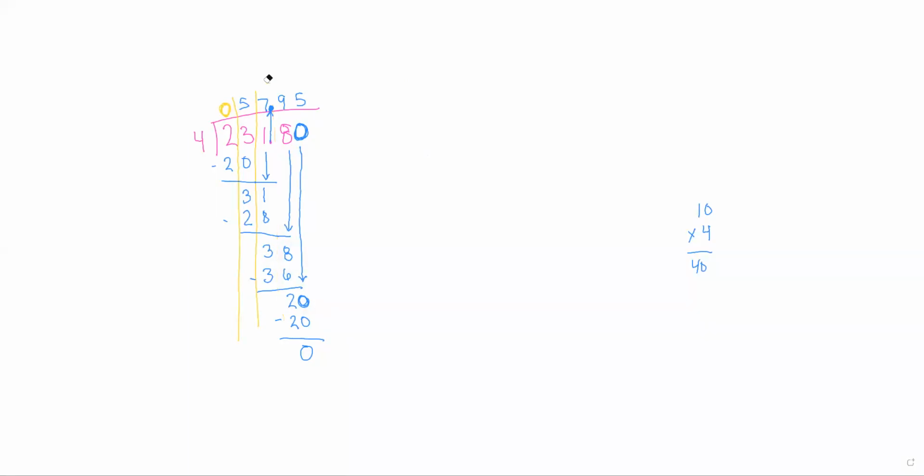We're not counting anything. We're just looking exactly where it is. So wherever it is in that problem, it goes straight up to the top. And so 231.8 divided by 4 is 57.95.